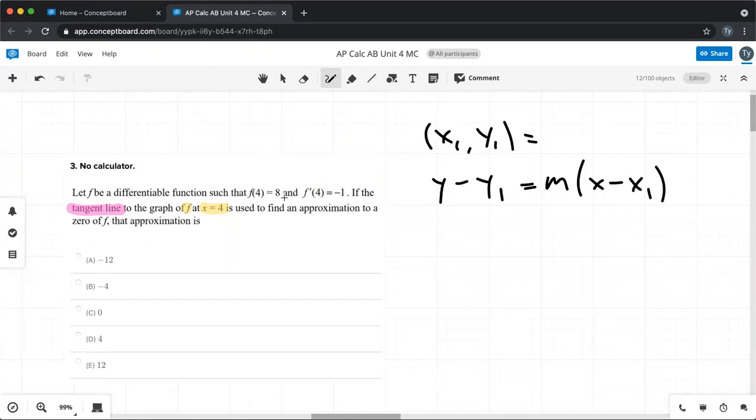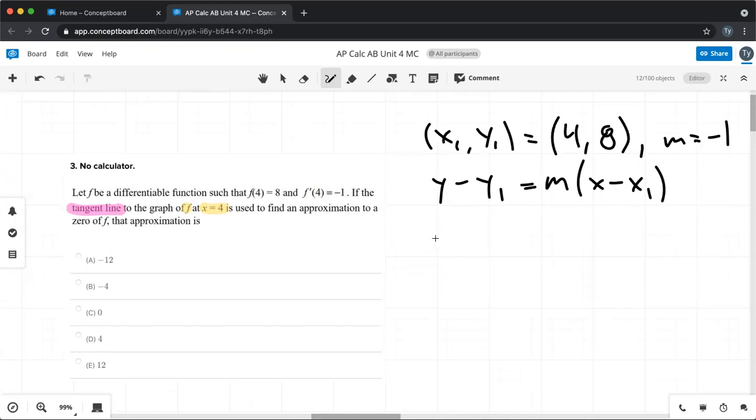So we could rewrite that from function notation here to an ordered pair. Well, what was the x coordinate? It was 4. What was the y coordinate? It was 8. So we have our point. And what's our slope? Well, the derivative at this x coordinate is -1. So the slope of the tangent line is the derivative at that point. So in this case, m is going to be -1.